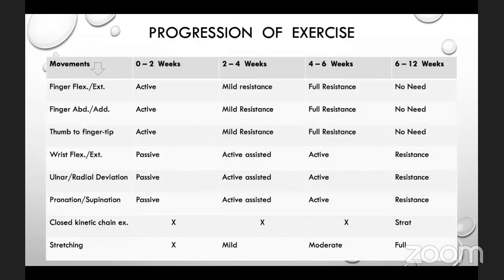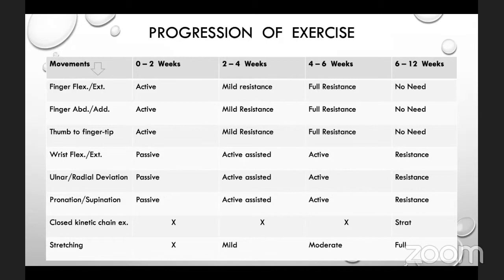So in the last, I would like to show you with a slide what the progression of exercise was. You can see with this chart how exercises changed from 2 weeks to 4 weeks and 4 to 6 weeks. On the left side, these are the movements. For example, ulnar and radial deviation, 0 to 2 weeks, I was doing passively.